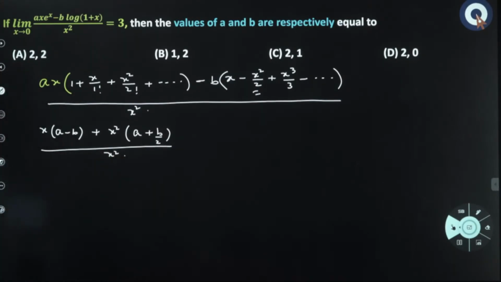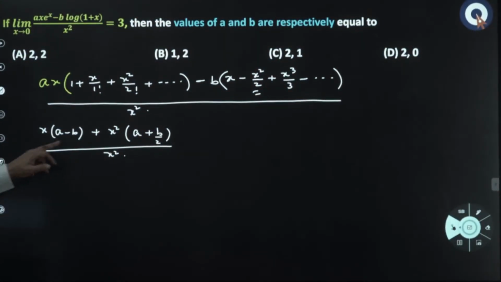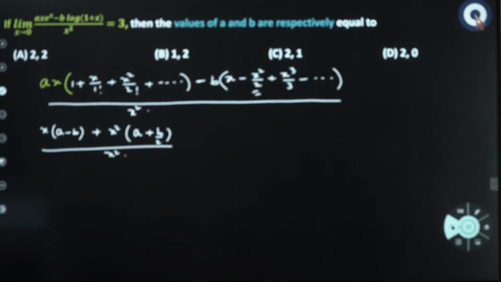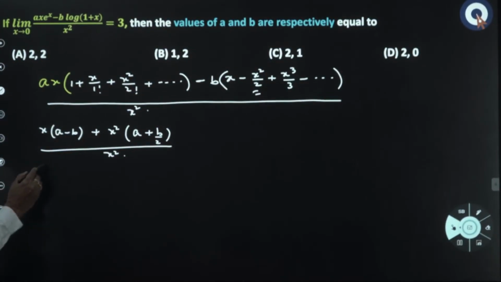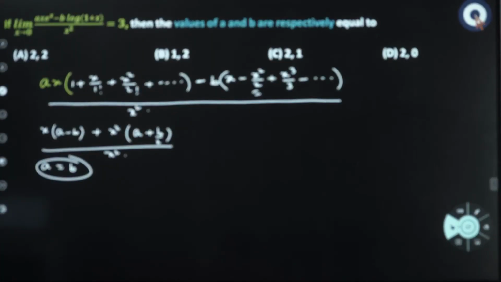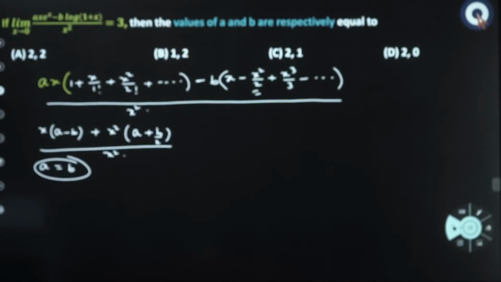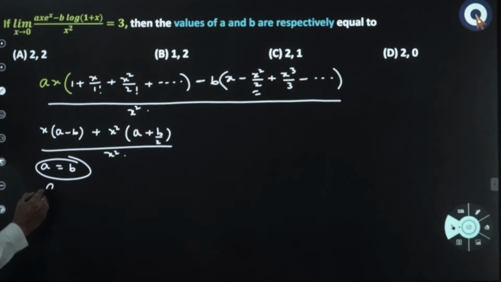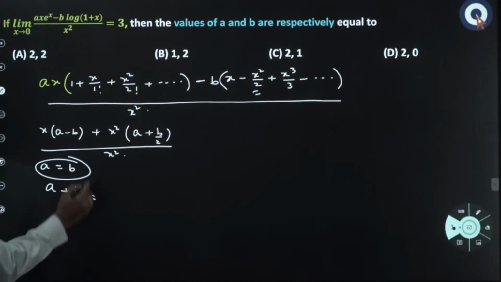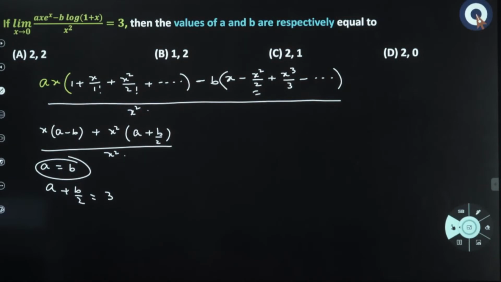So if this has to exist, we must have this term equal to 0. That means we should have a is equal to b, and we should also have a plus b by 2 equal to the limit, which is 3.